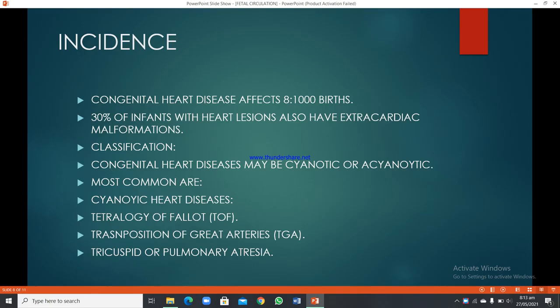tetralogy of Fallot, that is TOF, transposition of great vessels, TGA, tricuspid or pulmonary atresia. Atresia means it is totally clear, it is fibrosed. So it is common, we should not ignore or neglect this part also.